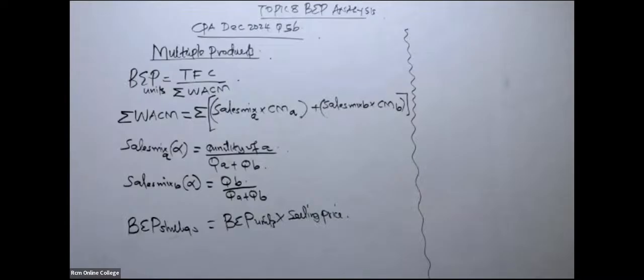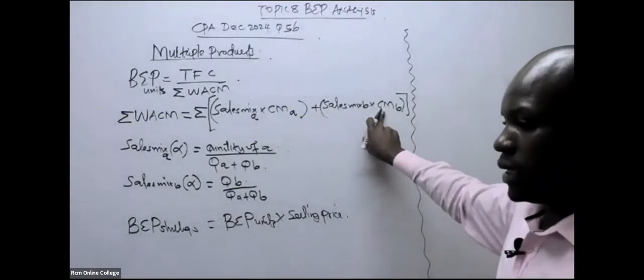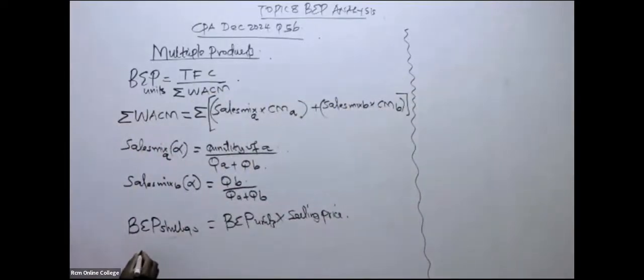So having done that, can we now go ahead and have our break-even point in units for the multiple products? Of course, contribution margin appears somewhere, right? And we all know how we get contribution margin when dealing with a single product. So contribution margin is equal to selling price minus variable cost.